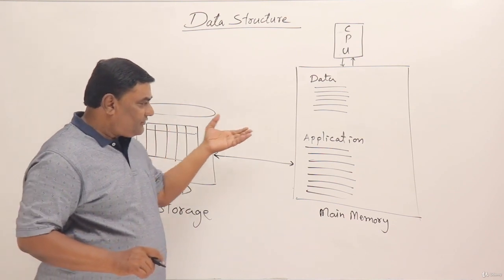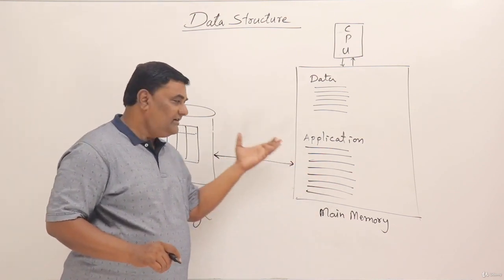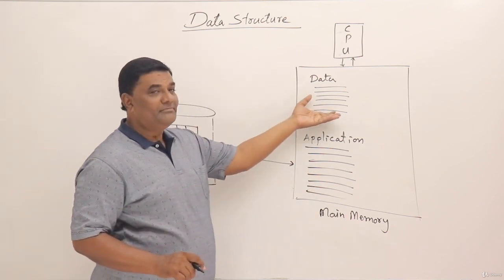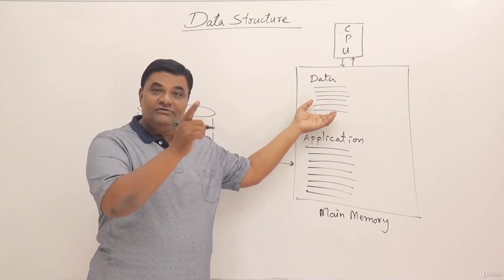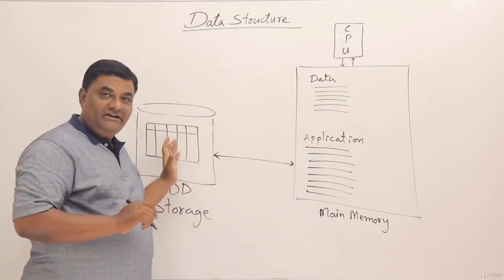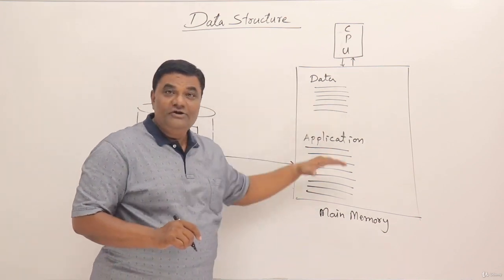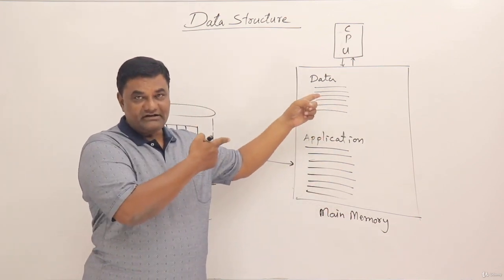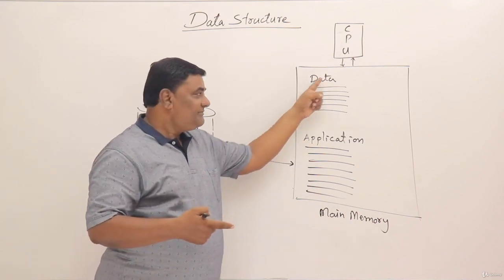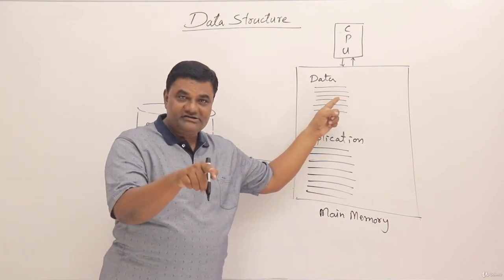Now, if any application program is using that database, then data has to be brought into the main memory, then only it can use it. So again, you need data structure here. When you are pulling the data from the hard disk or from the storage to the main memory during execution, then you need definitely data structure here. So arrangement of data here in the main memory is data structure.